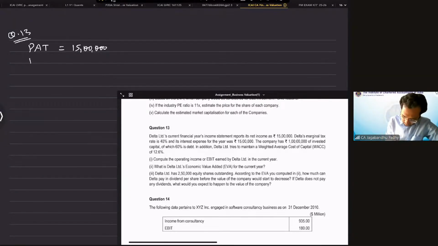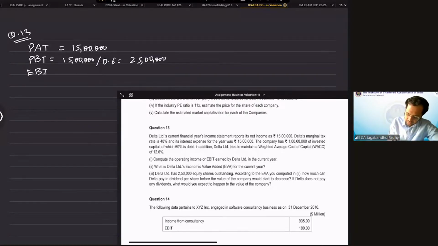So we get the PBT as 15 lakhs divided by 1 minus 40%, which is 60%. So 15 lakh divided by 0.6 is 25 lakh. So PBT is 25 lakh.